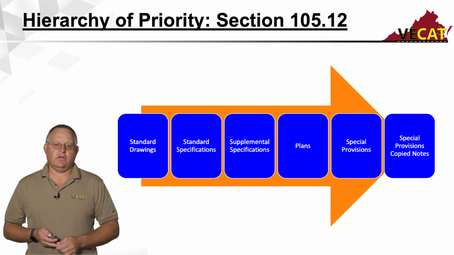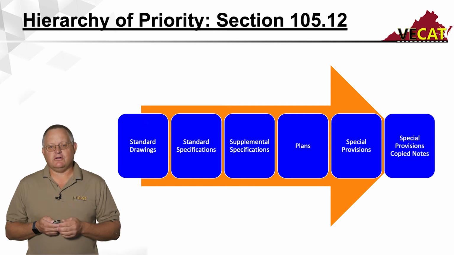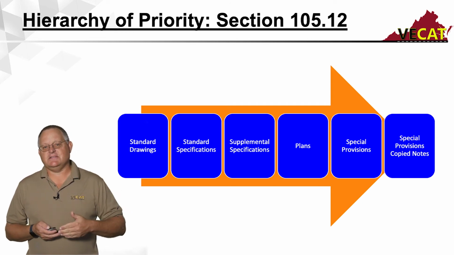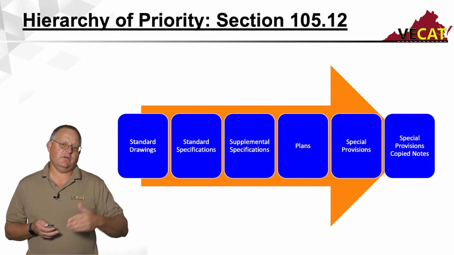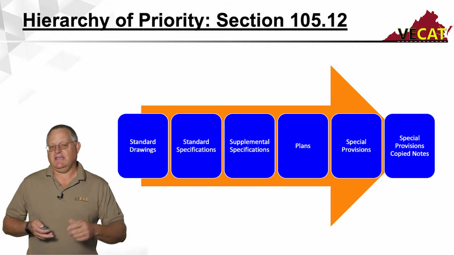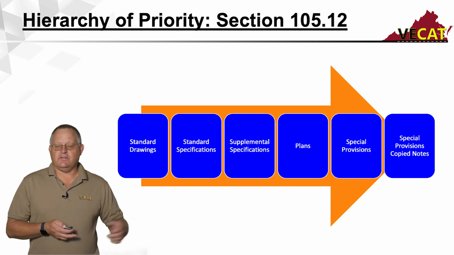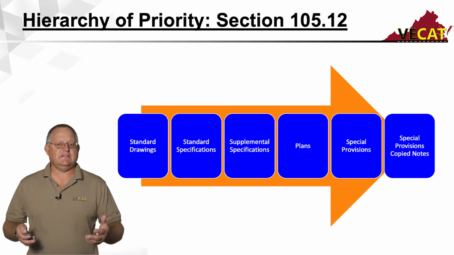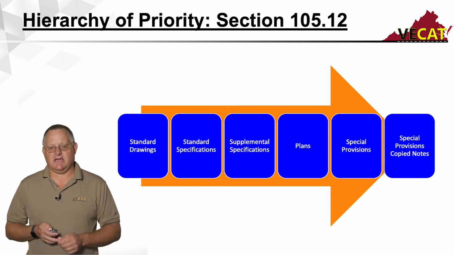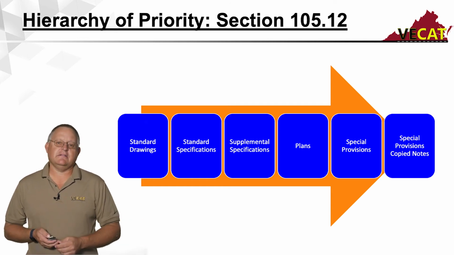Standard drawings are your lowest. So I always encourage folks, when they have a project, to look through the document and ask, do I have any special provision copy notes? If the answer to that's no, then what are my special provisions? And typically for this class, we're looking at a specific type of material or changes to a material, like a balanced mix design approach, all the way down to the bottom.